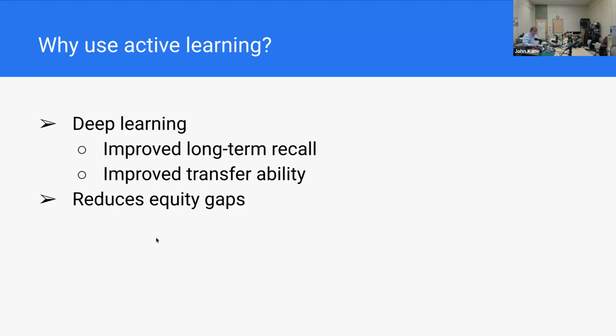So it tends to benefit all students, but the students who benefit the most are those who are typically or more likely to be left behind. So it's really good in terms of equity as well as just improved learning in general.